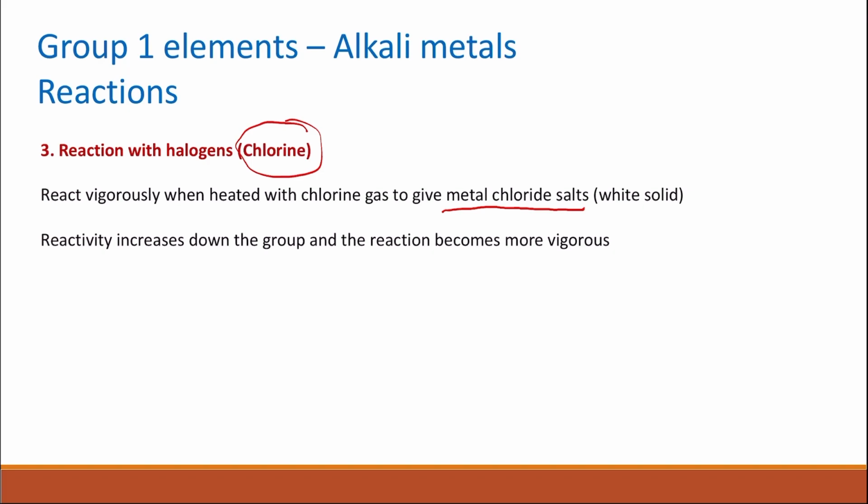So let's have an example. If we have sodium plus chlorine, that gives you sodium chloride. This is not balanced because there are two chlorines on one side and one on the other. So you need to add 2 next to the sodium chloride, and to balance it on the left-hand side, you have to add 2 also next to the sodium.